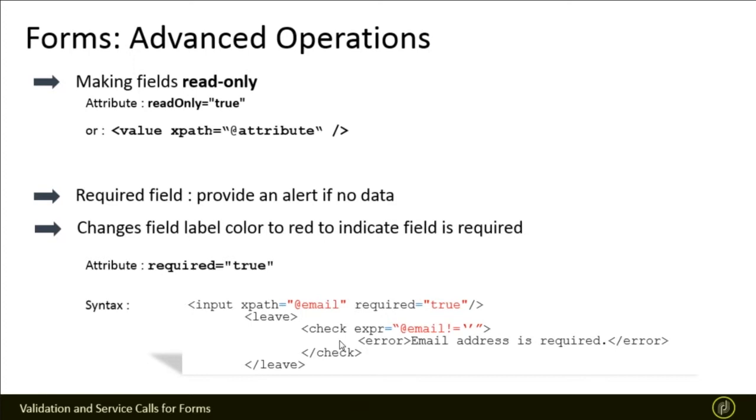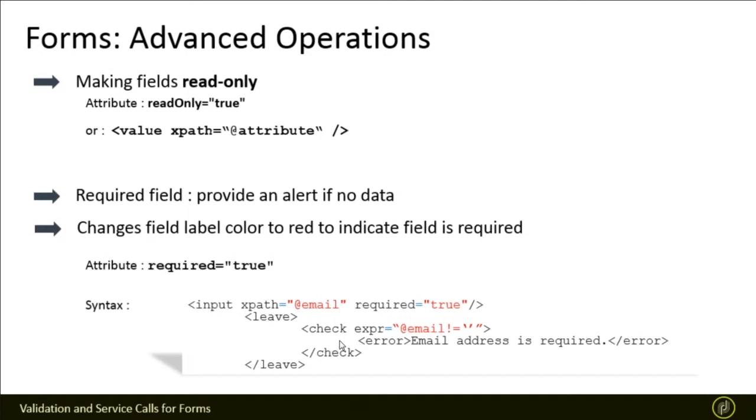The syntax of the example that we see below works like this. I have an input field with the XPath value email, and the attribute required gets true. So there's now a field on the form where the operator can enter the person's email, and this field is required. As we've seen in previous lessons, we have the leave option for this input field.